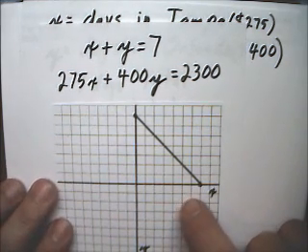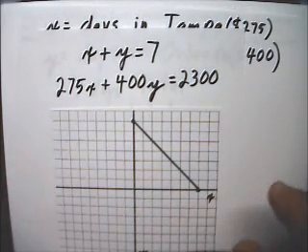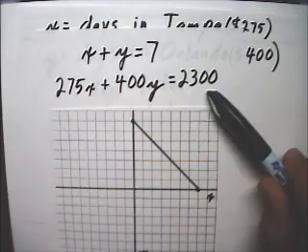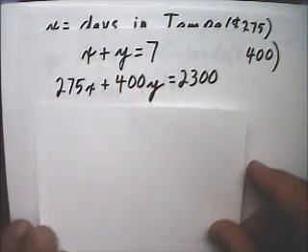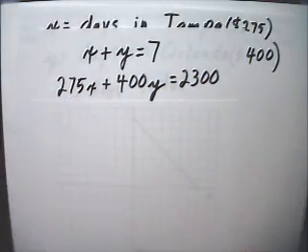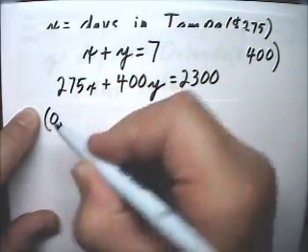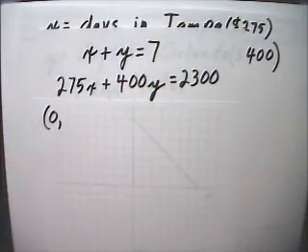Now 275x plus 400y equals 2,300. Well, I'll start out with x equals 0.